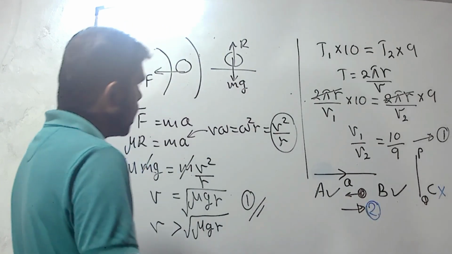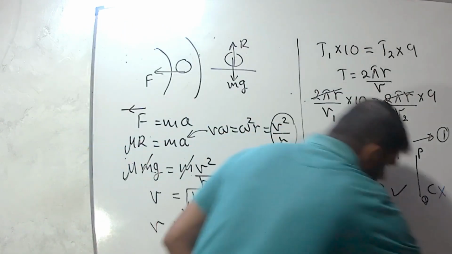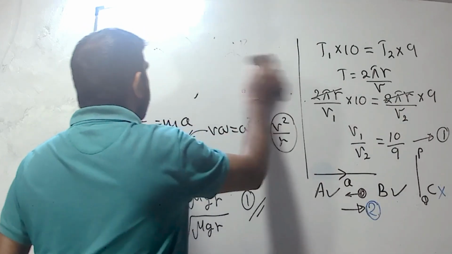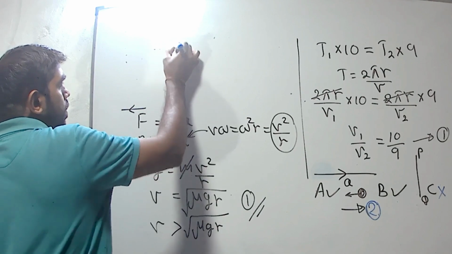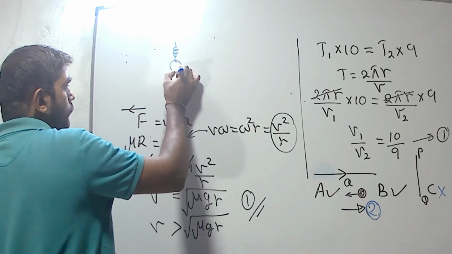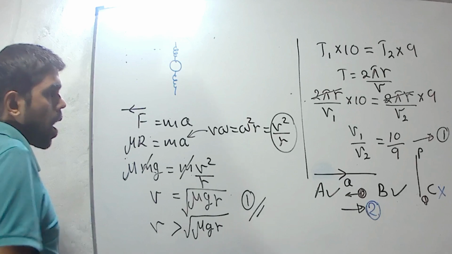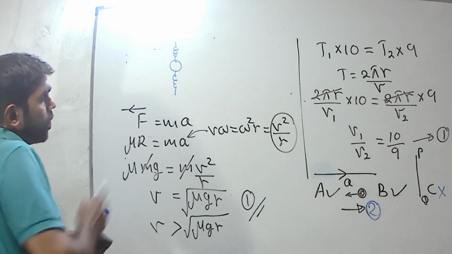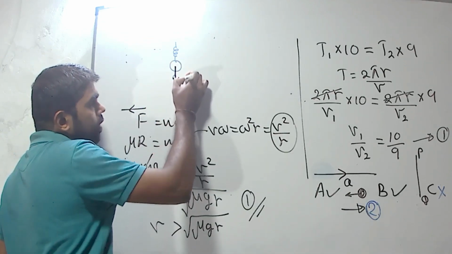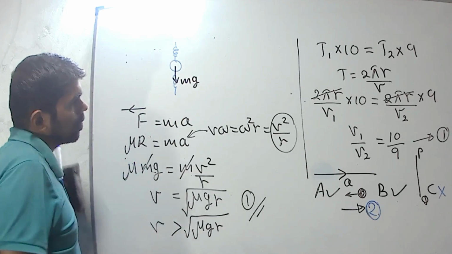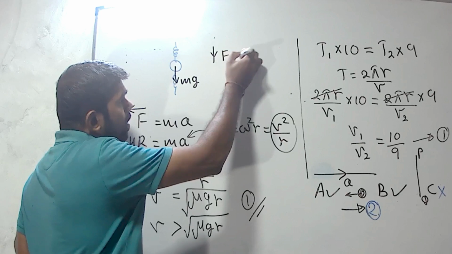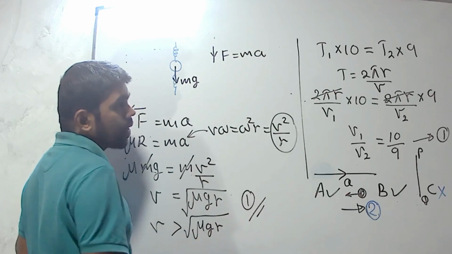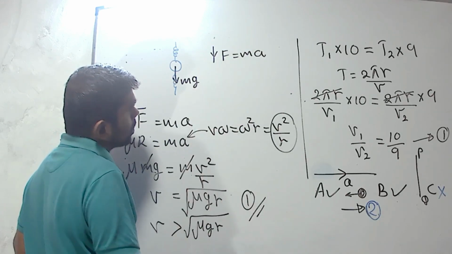I will explain it. We can consider this object. Weight is in the downward direction. Then we can use F equals ma towards the acceleration.